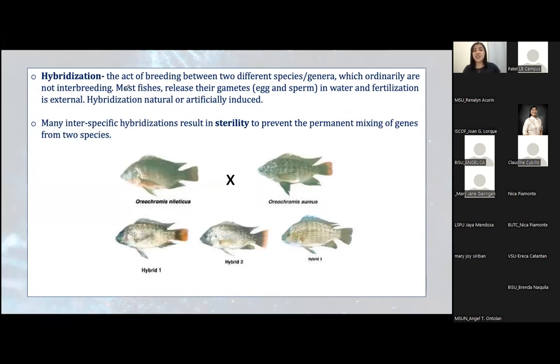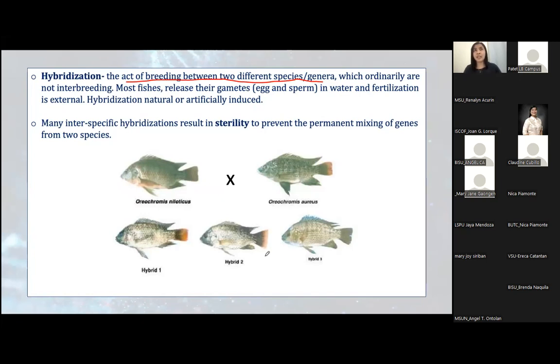May sumagot din kanina ng hybridization. Hybridization is the act of breeding between two different species or genera, which ordinarily do not interbreed. For example here, Oreochromis niloticus crossed with Oreochromis aureus produces a hybrid. This hybridization usually happens in natural spawning in the environment, in the water, kasi nagpo-produce lang naman ng milt, nagpo-produce lang naman ng egg, external fertilization.